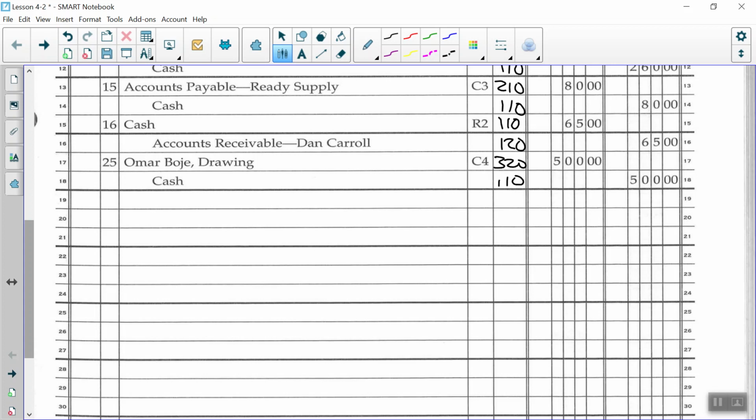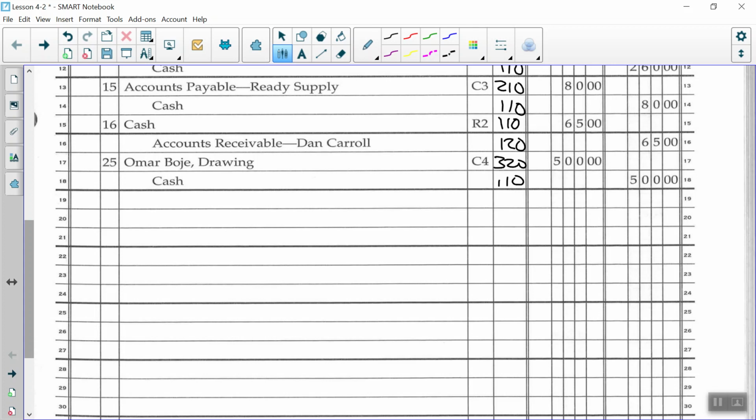All right, the next thing on instruction number 2, it says proof cash. We need to make sure that what we have in our cash account in our general ledger matches what we say we have in our checking account. Okay? So if we look on here, it gives us 1720. That number is what we think we have in our checking account.